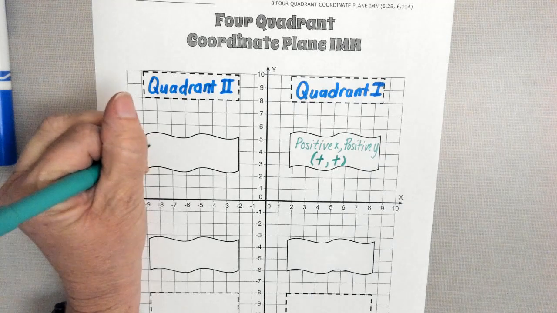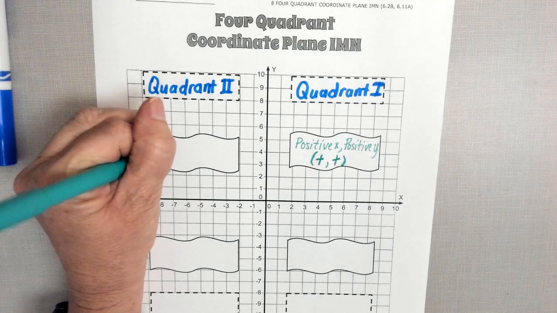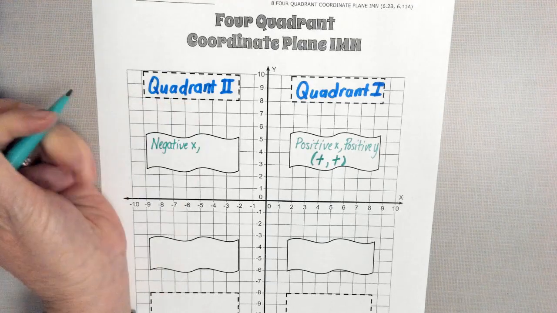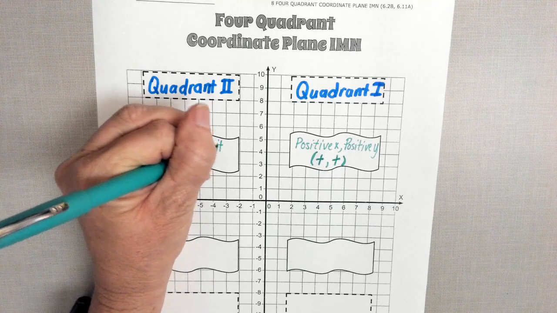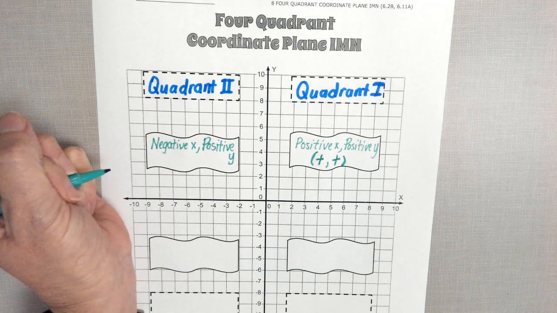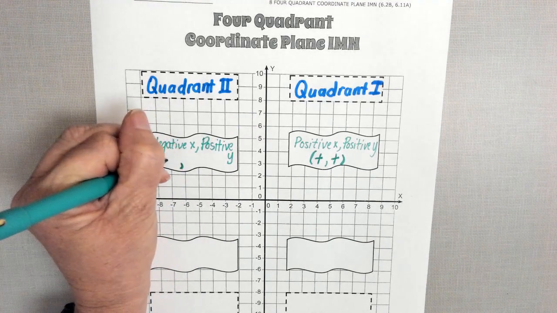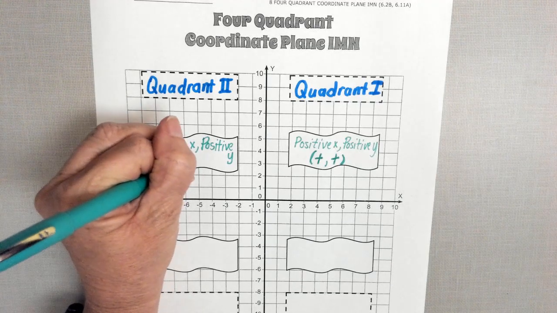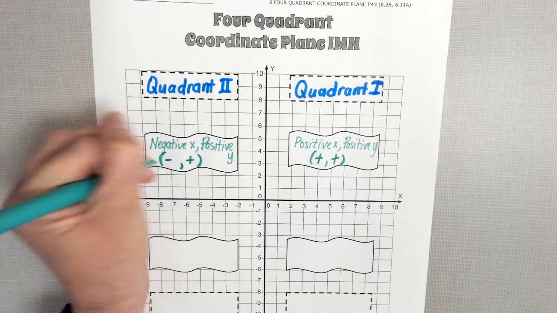So we have a negative x value with a positive y value. So whenever we write our ordered pair, we're going to have a negative number partnered with a positive number. Okay?